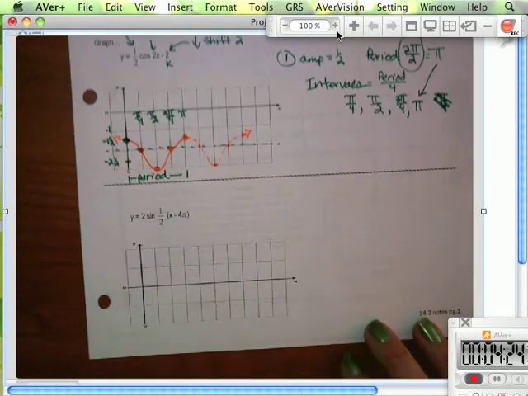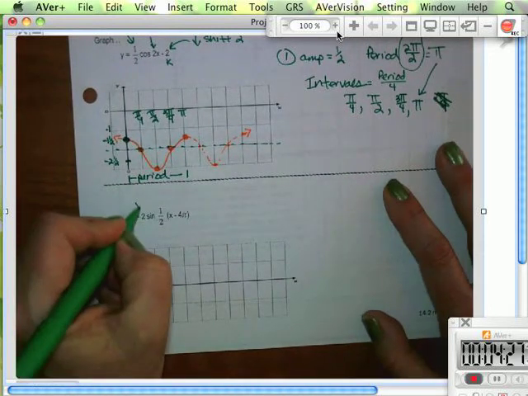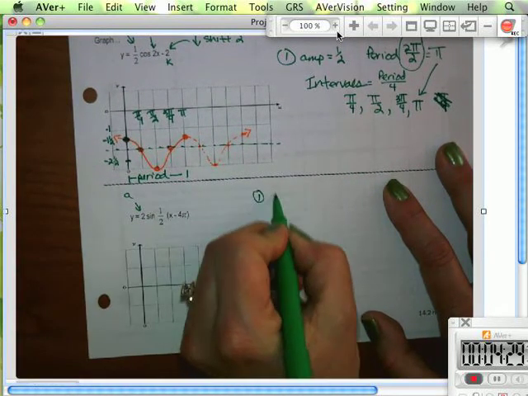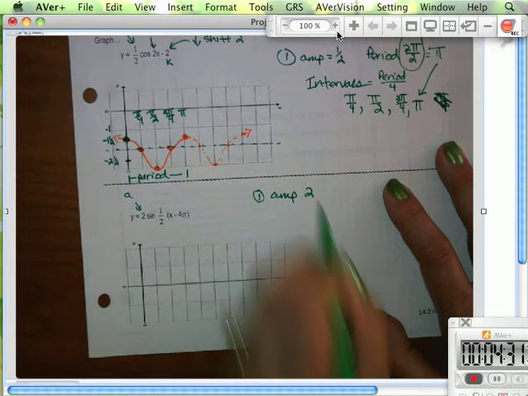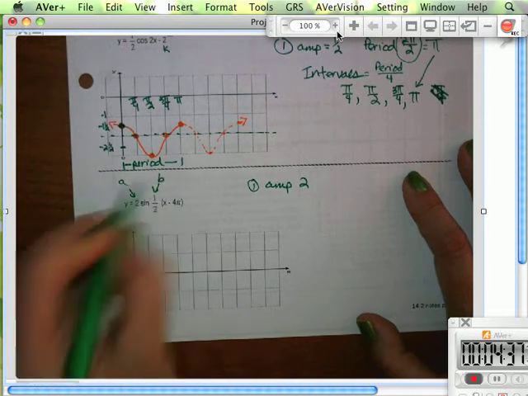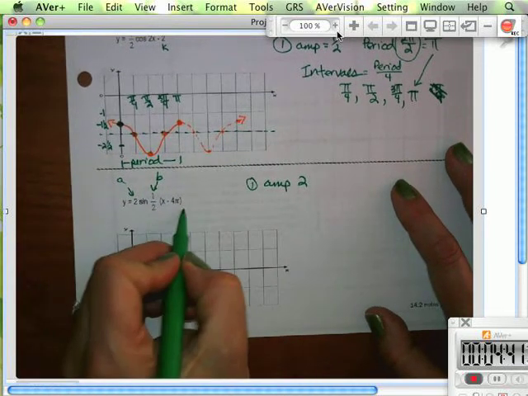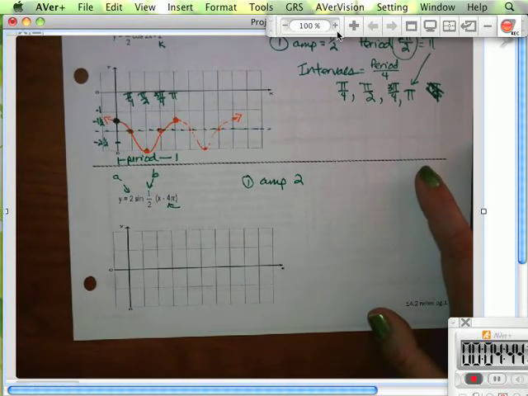All right, this is a sine graph. What's my A? That's my A. My amplitude is 2. This is my B. What's happening inside of the parentheses? Which way is my graph shifting?